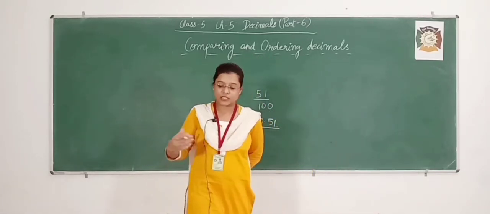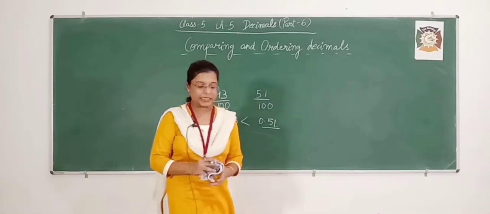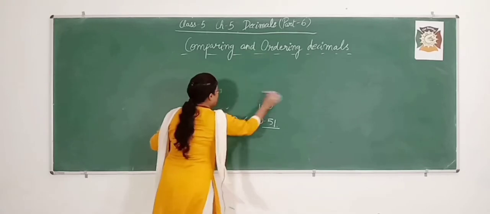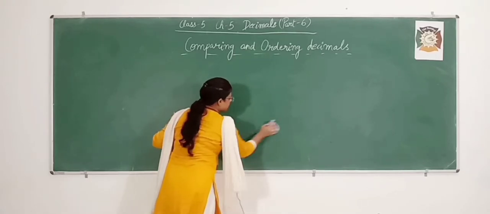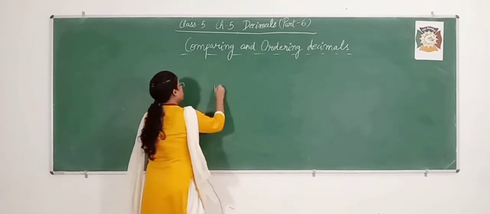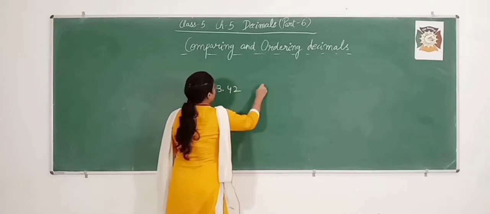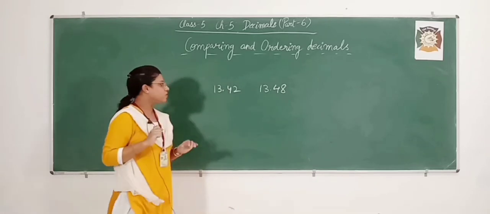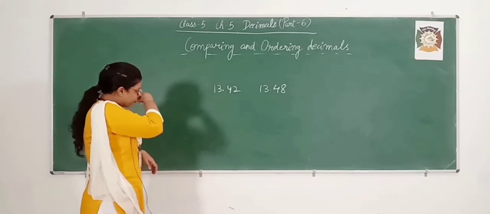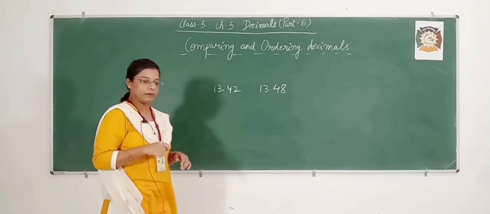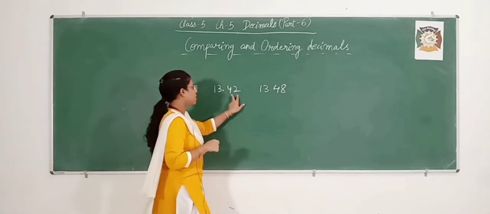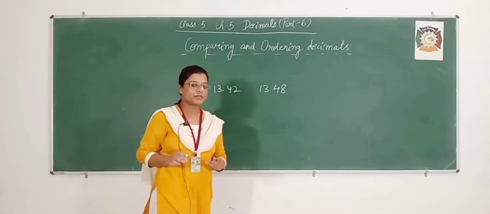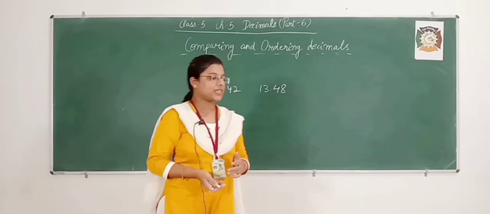Now if we get some closer examples like 13.42 and 13.48, then let's see how to compare those types of decimals. We have got 13.42 and 13.48, right? What you will do? First of all, you will count the number of decimal places. Here the number of decimal places is 2. Here also the number of decimal places is 2. So these are like decimals. So it is fine. Now we can start comparing them.